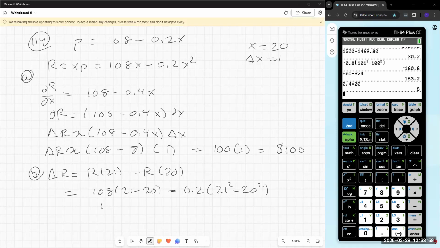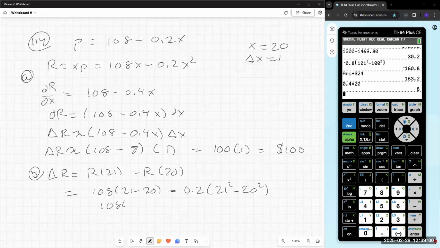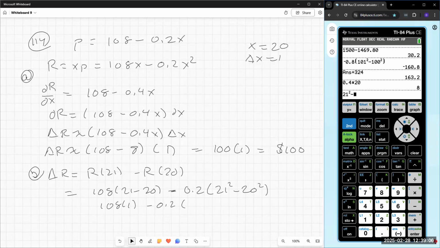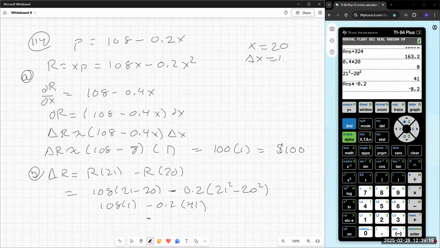So that's 108 times 1 minus 0.2 times 21 squared minus 20 squared is 41. 41 times a negative 0.2 is negative 8.2. So that's going to be 90.